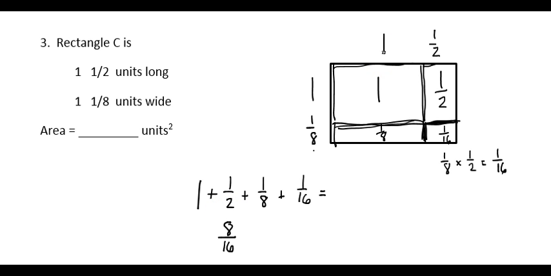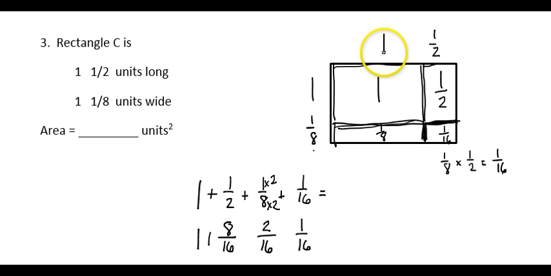Now let's change our eighths into 16ths. If I take 8 times 2, that would give me a denominator of 16, which means I need to take my numerator times 2 as well. So that would be 2/16. And then I can just keep this as 1/16.